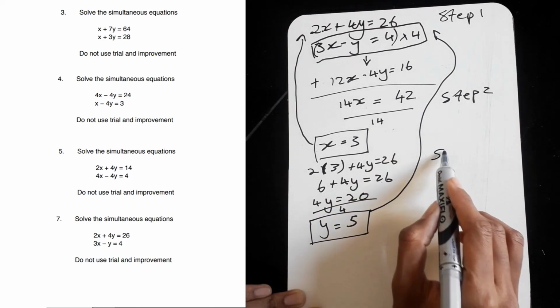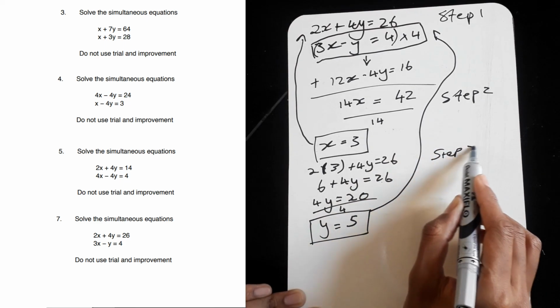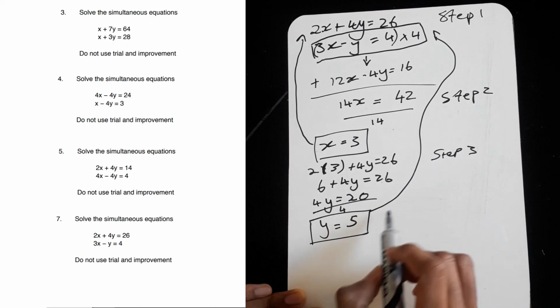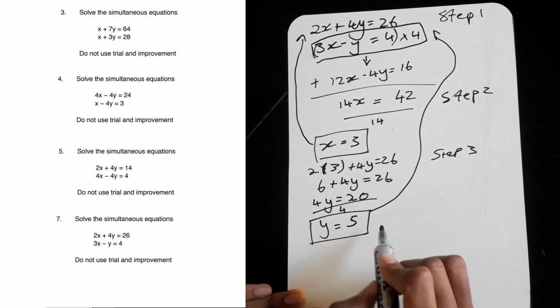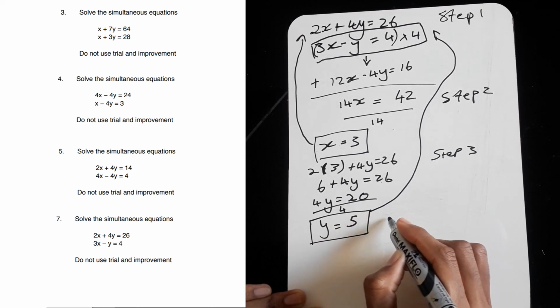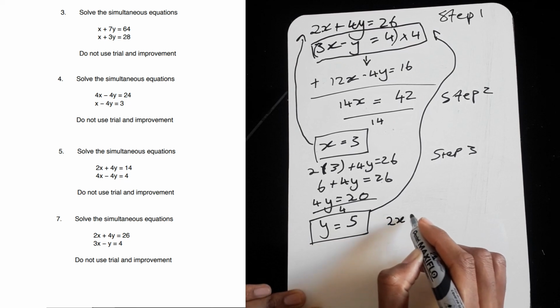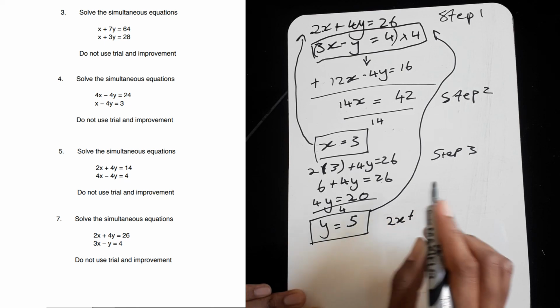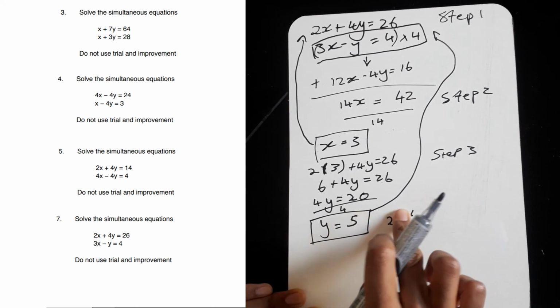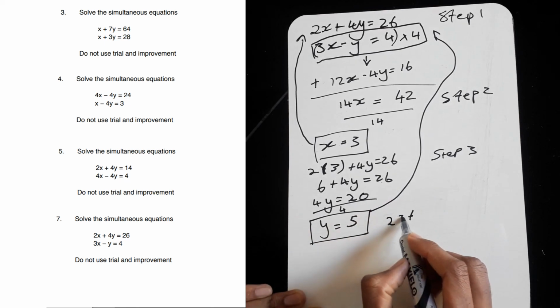This is step 3, by the way. So once we plug in the variables, it's going to be 2x plus, we already know what x is, so it's going to be 3 here.